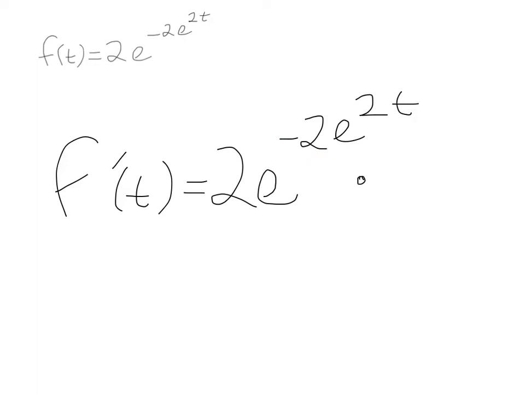So it's going to be times minus 2, and then I want to know the derivative of e to the 2t. But that's not just e to the t, it's e to the 2t. So I have to apply the chain rule. But the outside equation is e to the t, and the derivative of e to the t is just e to the t.